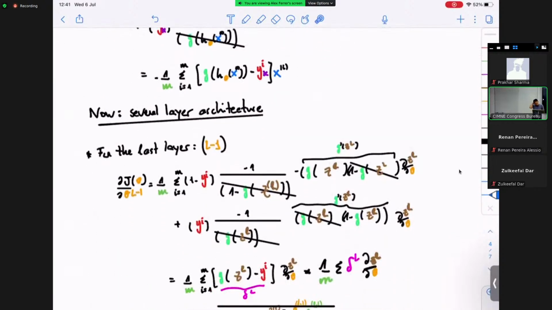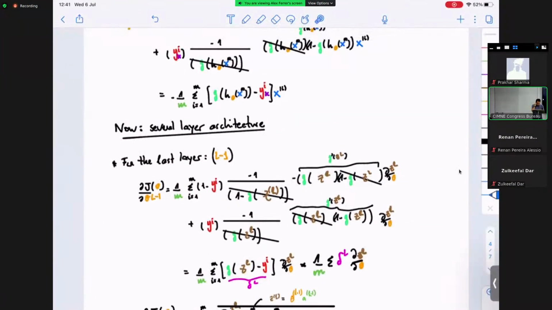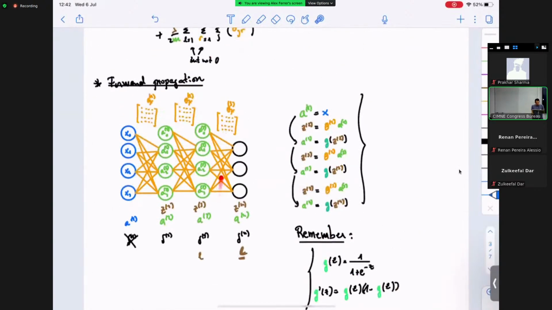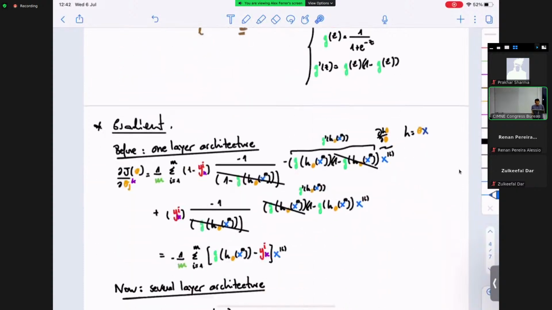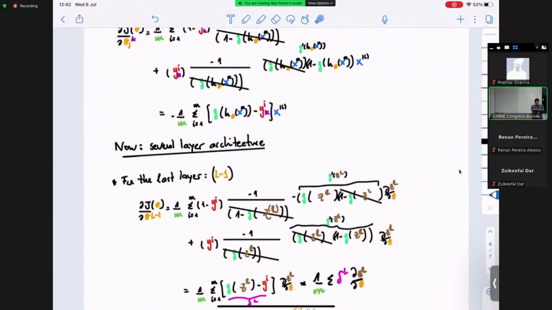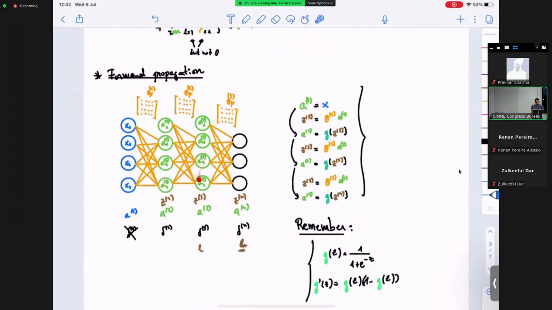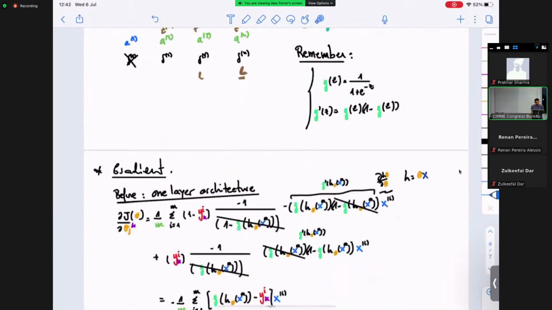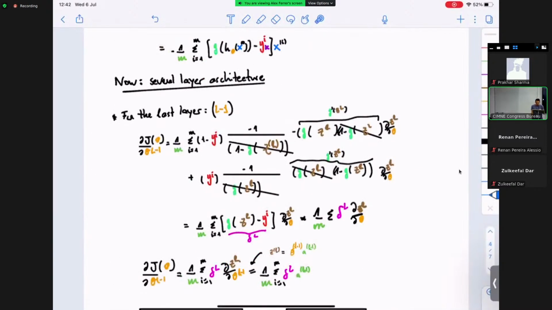Now, what's happening with several layers? With several layers, you have to do it for the first layer. And if you do it for the first layer, of course, you will get the same thing as if you have one layer, because you interpret this A as X. So you do the same procedure: -1, 1 minus the function, the derivative, you cancel this with this, the part that is Y, you do the derivative, you cancel this with this, you add this with this, and then you have this formula here.